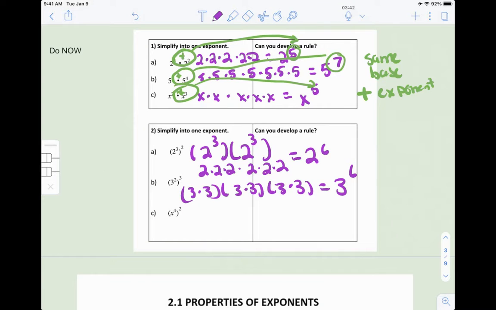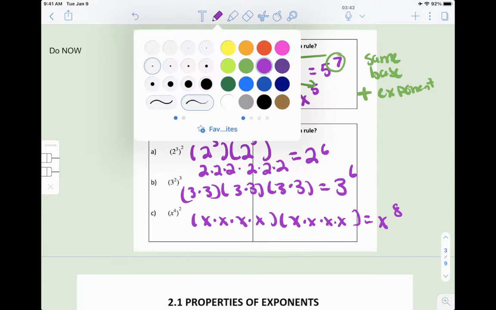In the last example, x to the 4th power squared is 4 x's as your base, and that's being multiplied by itself twice. So literally, if you count the number of x's, it's x to the 8th power. So we're going to look for some sort of pattern.